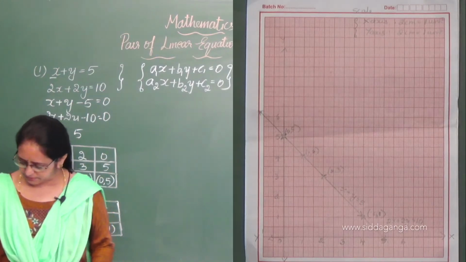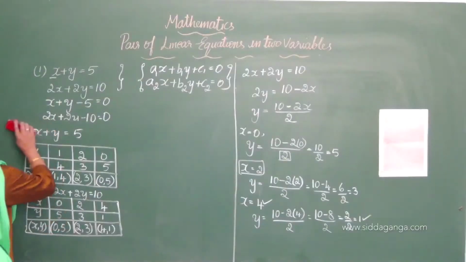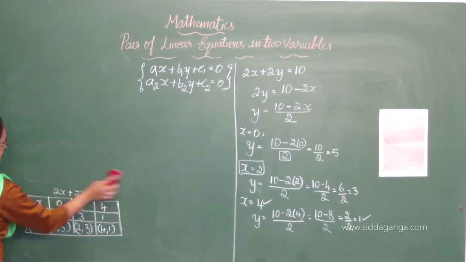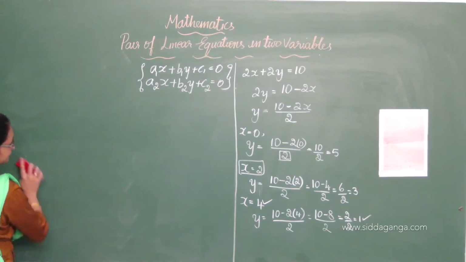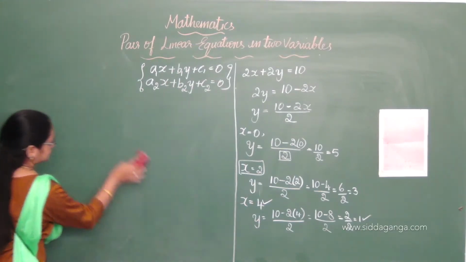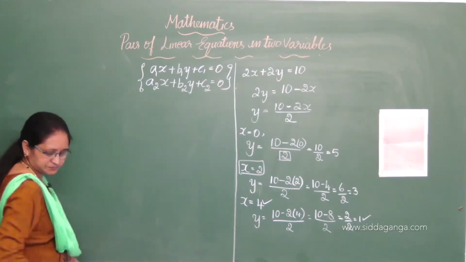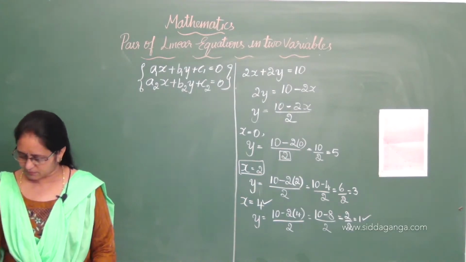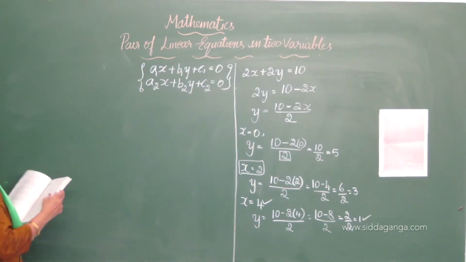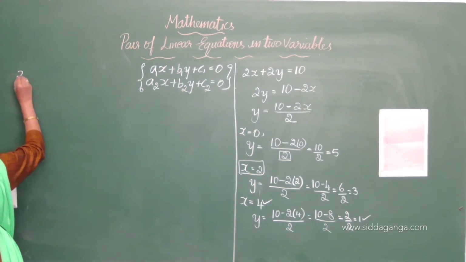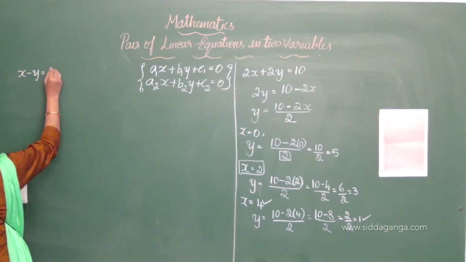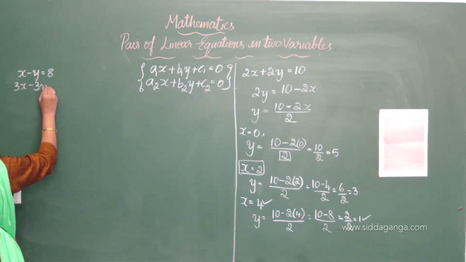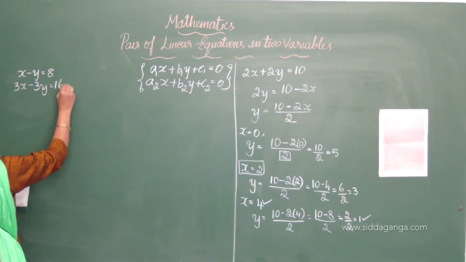In the second one, we will see whether we get a consistent or inconsistent graph. Second question: x minus y is equal to 8 and 3x minus 3y is equal to 16.